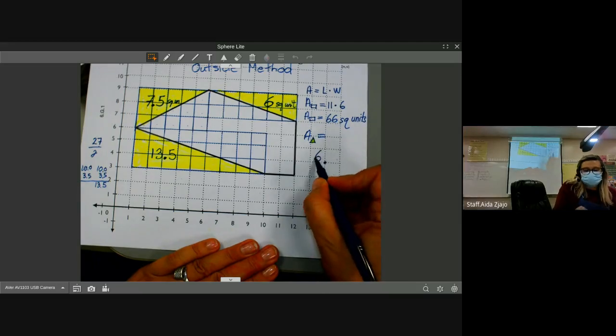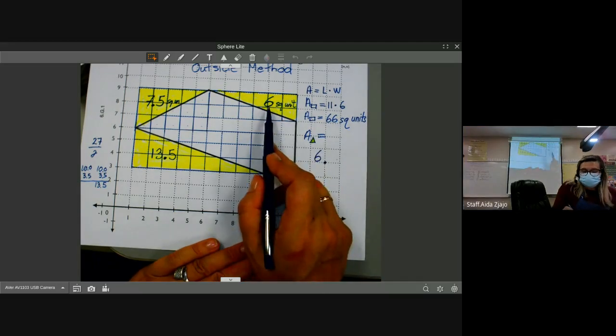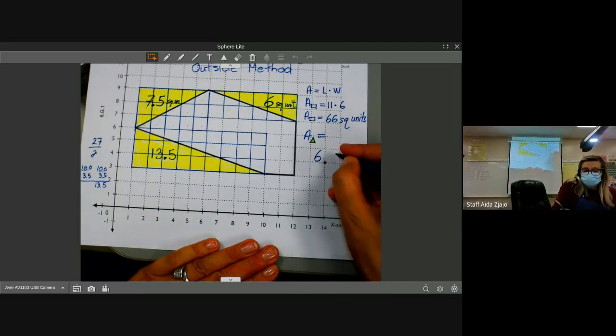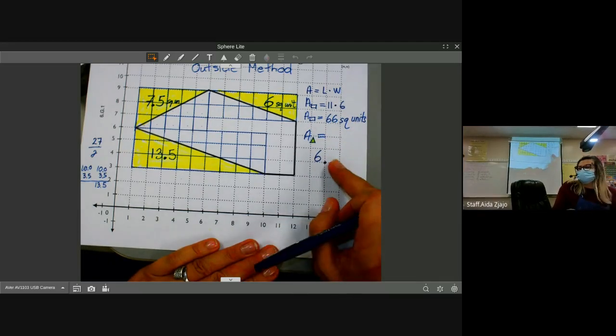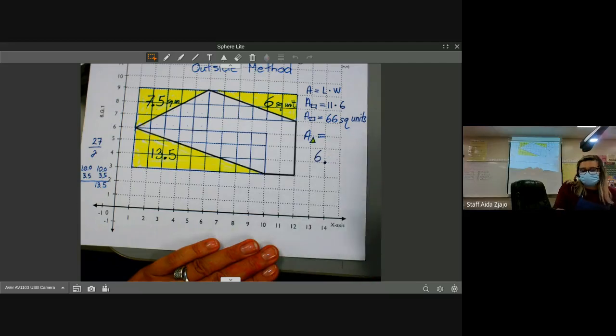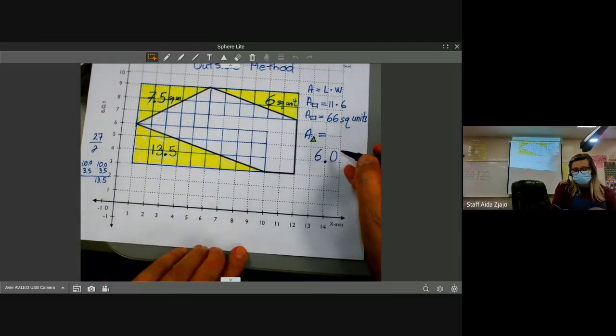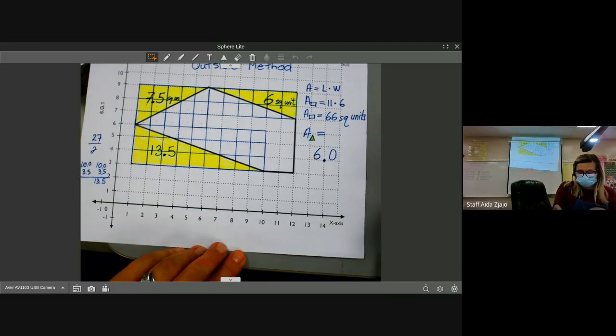So right now I know this is 6 units, but when I'm writing it as a decimal, it's 6. So what can I add next to the right? 0, bravo, because I don't have any tenths, so I have 6 point 0.